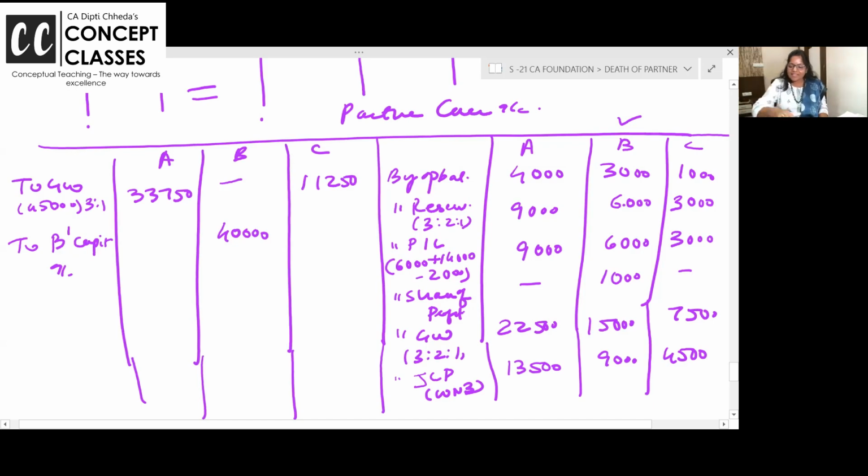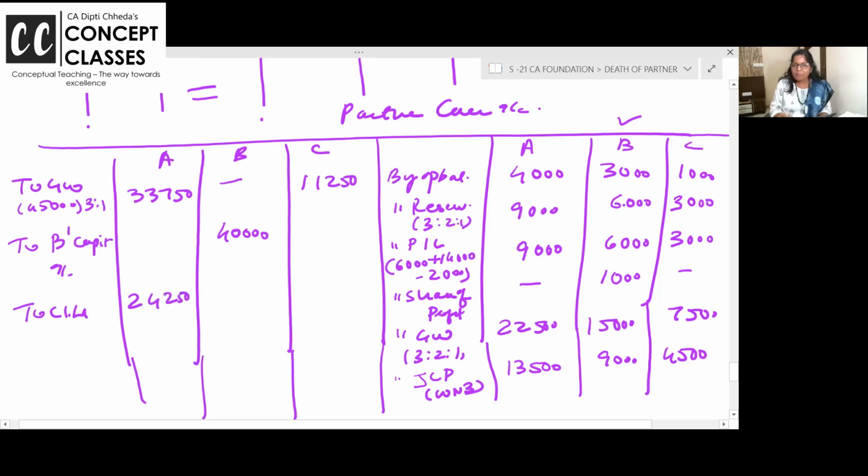Current account of A: 4,000 plus 9,000 plus 9,000 plus 22,500 plus 13,500 minus 33,750 is 24,250. Closing balance carried forward.